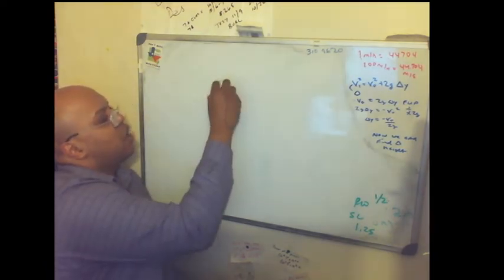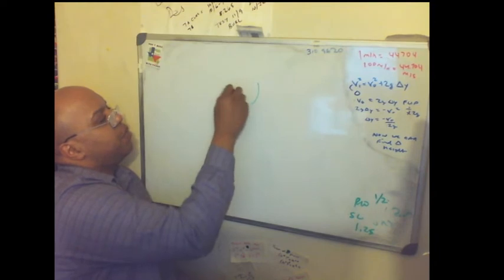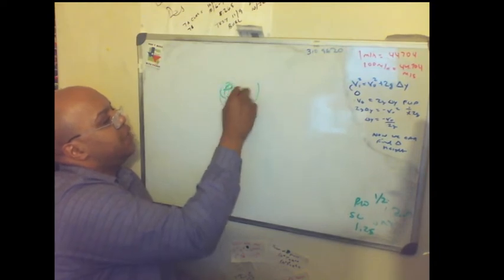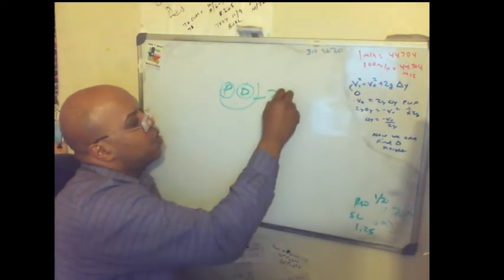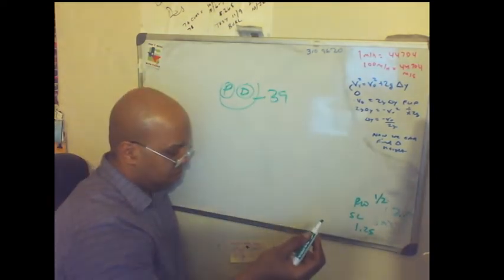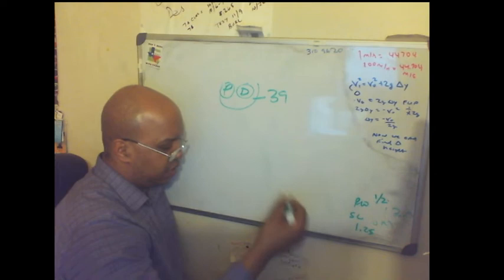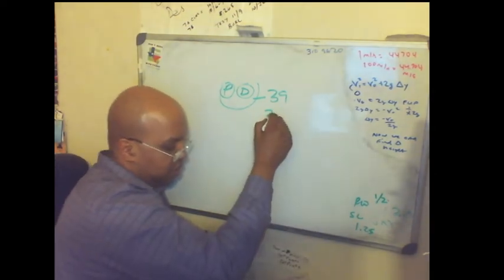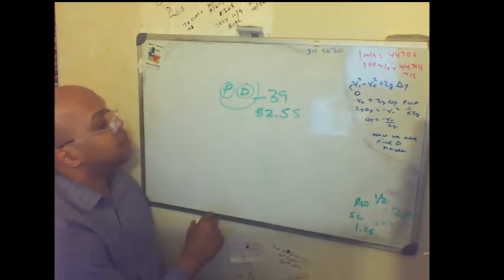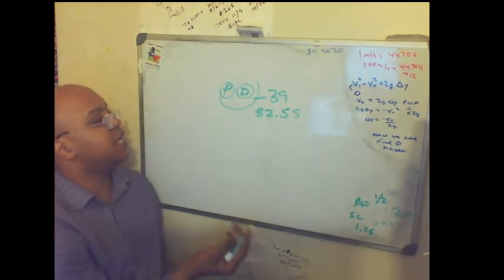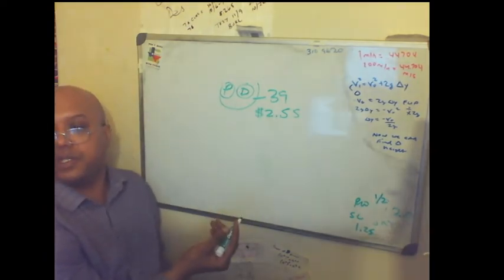We'll put P for pennies and D for dimes. The question will say you have 39 coins, some are pennies, some are dimes, and the total value of the coins is $2.55. So what you have to do, this is like solving a system of equations.